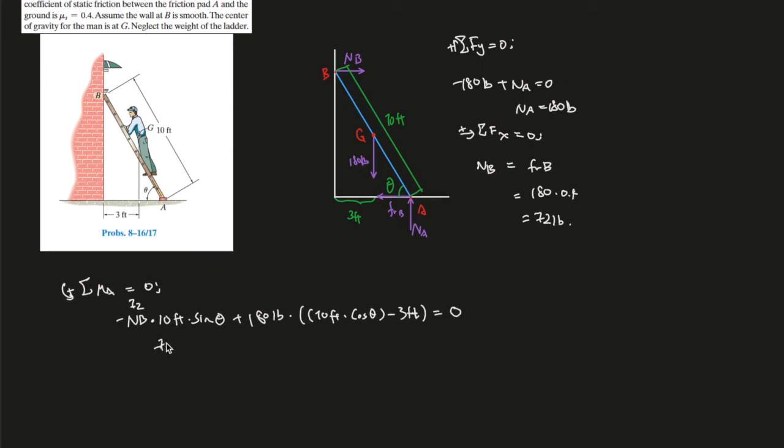So negative 750 times sine of, set theta equals x, plus 1,800 foot-pounds times cosine of x, minus 3 feet. This whole thing gives you 0.